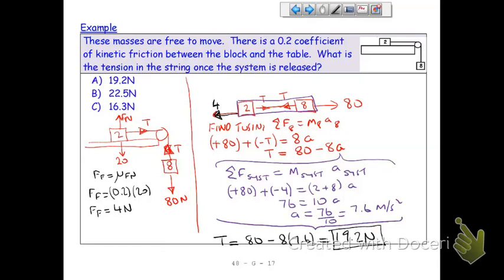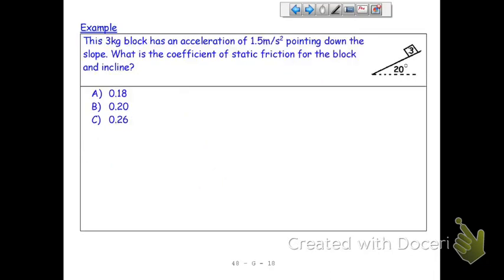I need not ask you for mu. In those previous problems, we asked for mu. I might not ask you for mu. I might ask you for Ff or Fn. I don't always ask you for the longest bit.